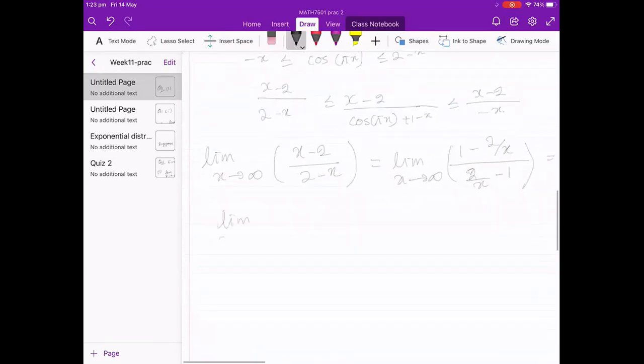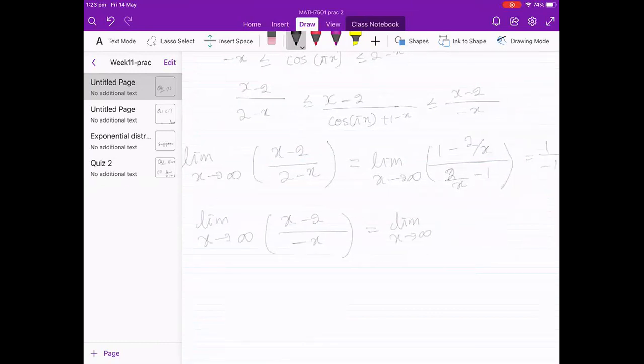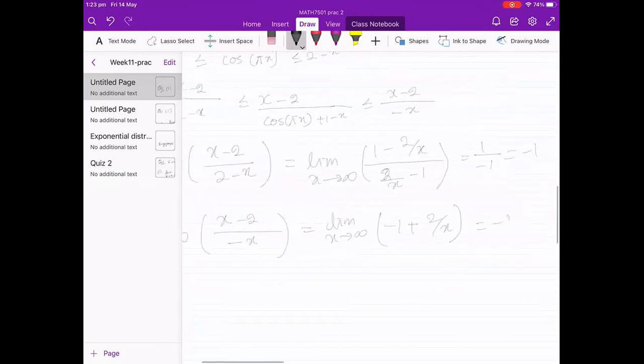Similarly, you can say limit as x tends to infinity of x minus 2 over minus x, which can be written as limit as x tends to infinity, dividing by x, that's a minus 1 plus 2 over x, which is a minus 1.